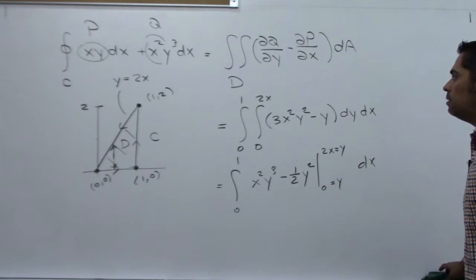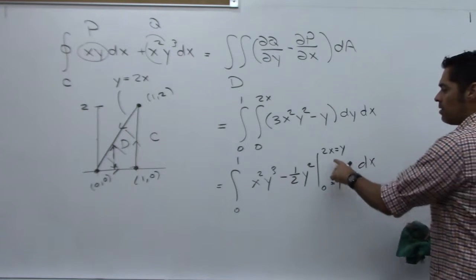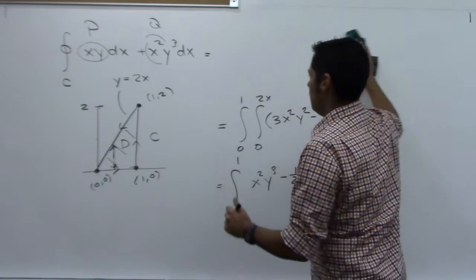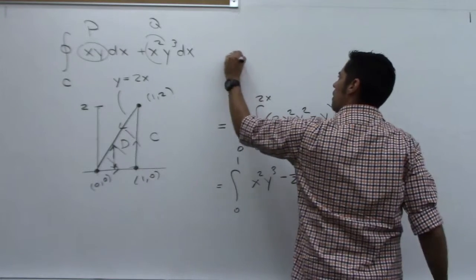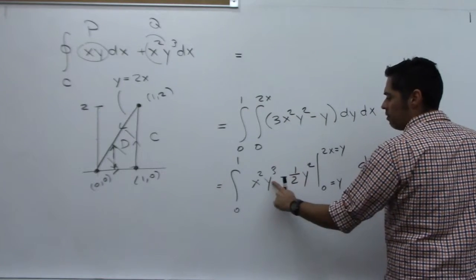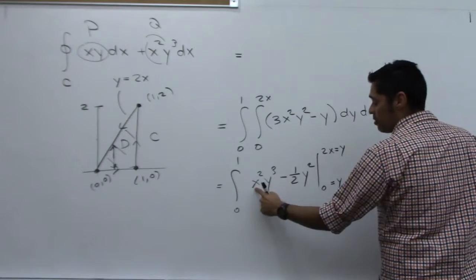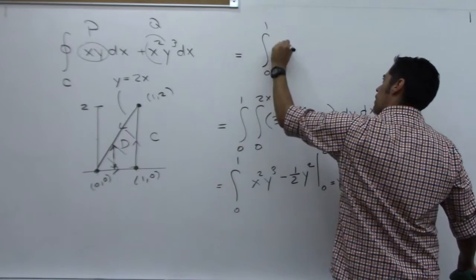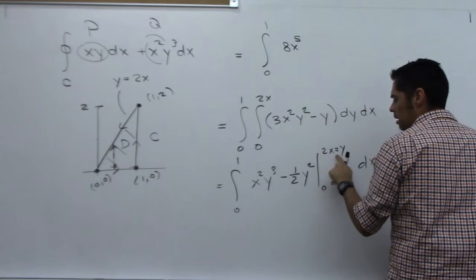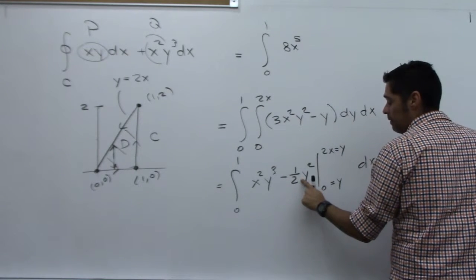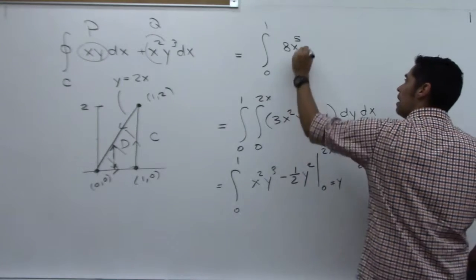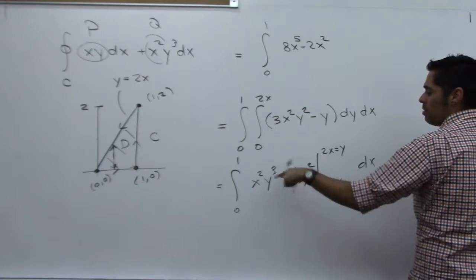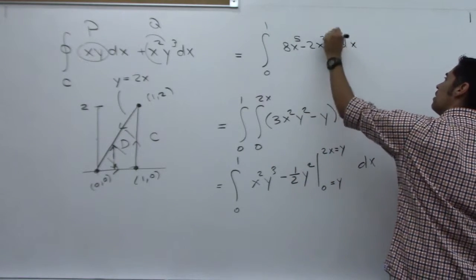And if I plug in 2x for y here, I'm going to get 8x cubed times x squared, which is 8x to the 5th. And if I plug in 2x for y here, I get 4x squared, but then half of that, so minus 2x squared. And then when I plug in 0, it kills everything off, so just this.